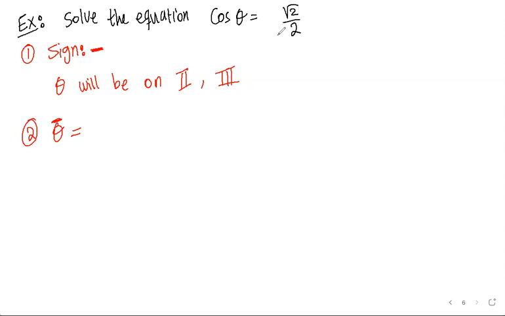Pi over 4. So the cosine of pi over 4 is square root of 2 over 2. Now you bring back the sign. Now you ask yourself, what is the angle? So this is the reference. You go back to the table, you check for the second quadrant and third quadrant.